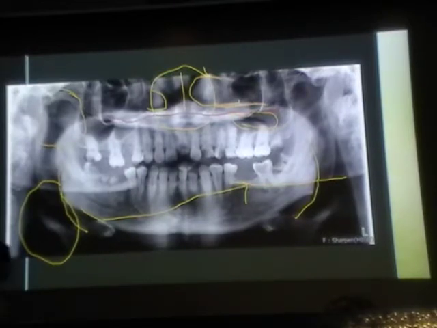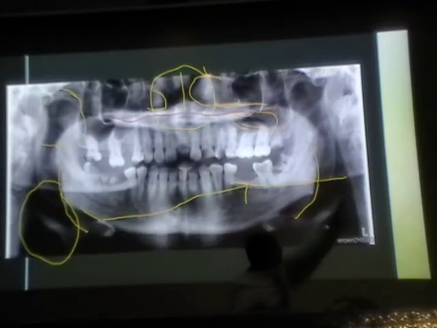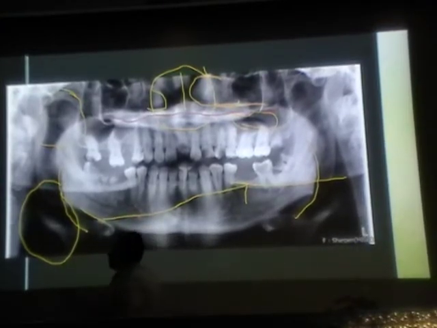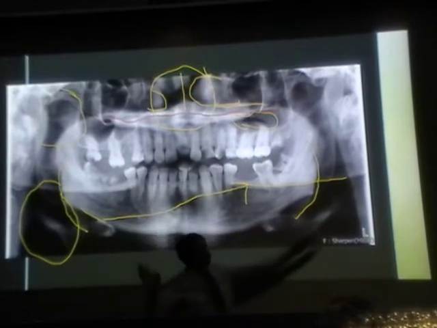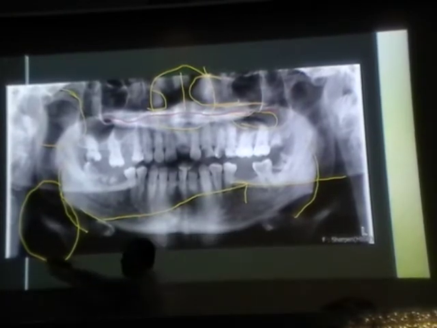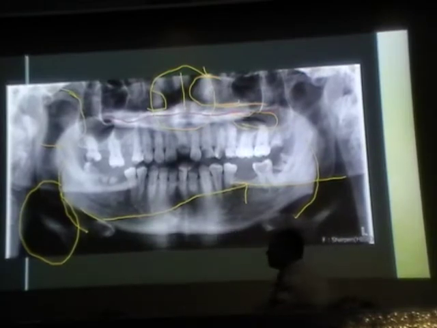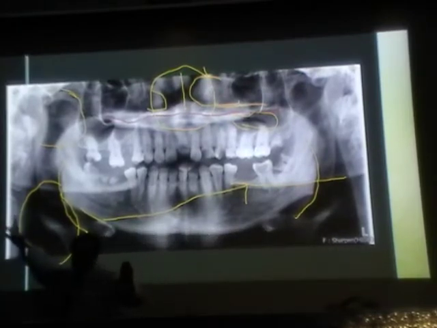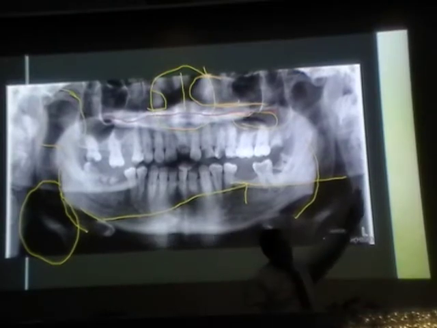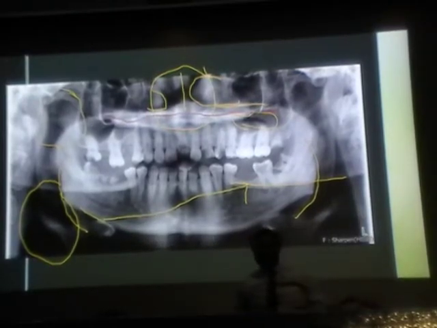So here you're seeing one and part of it and part of it. So these are double images that you're seeing. So in the center you could call that a ghost image of the cervical vertebrae, and here are the double images of the cervical vertebrae. So here, this side and this side. This is the double image of the cervical vertebrae.